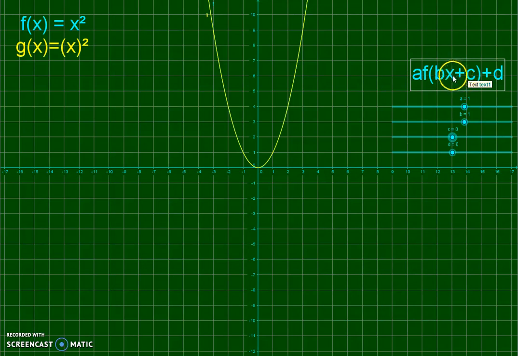Let's say we add 1 to this value, so c is 1. In effect, we're adding 1 to our x value. So when x is 0, x is actually going to be 1. We're putting a 1 in for the function, and when we square 1, we get a 1. So when x is 0, y is actually going to be 1.